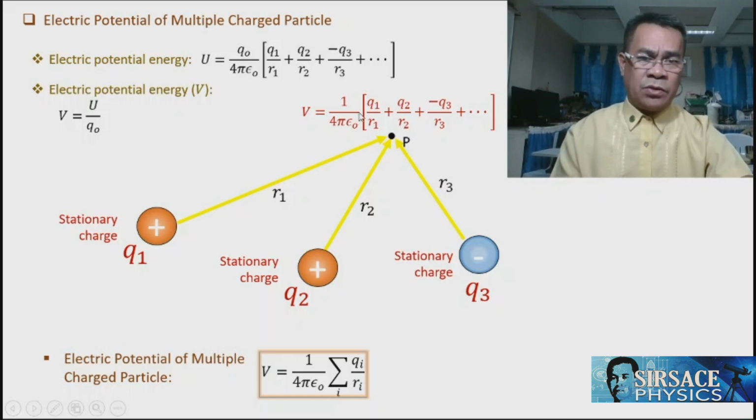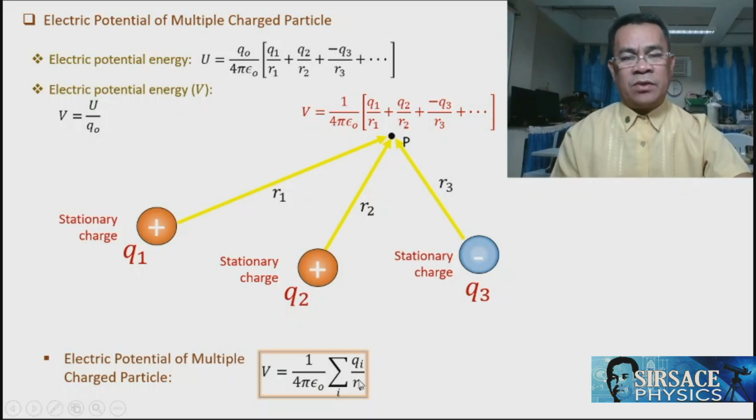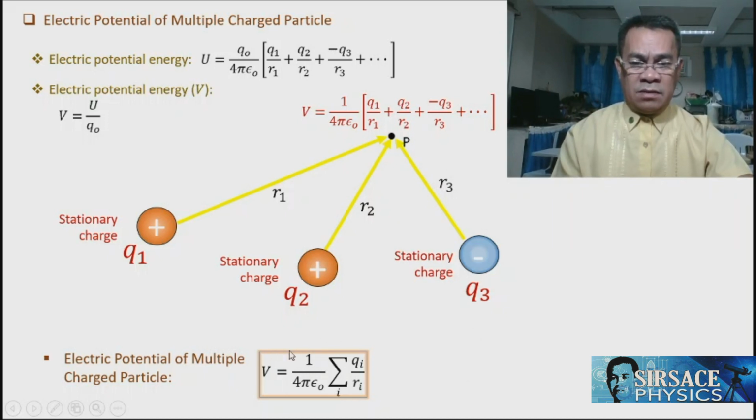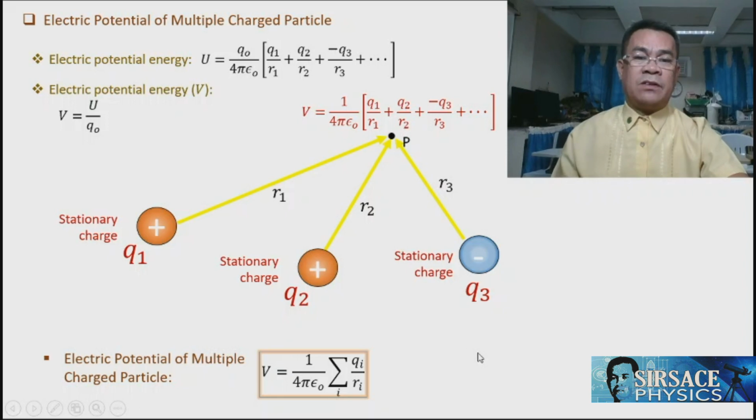It is not advisable to write out every term. You have to use the power series notation. Although the two are the same, this is the usual presentation of the electric potential for a multiple charge particle.